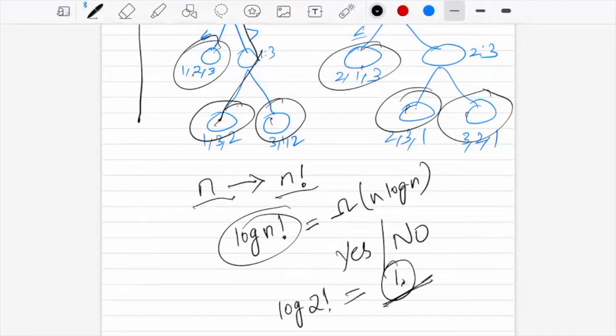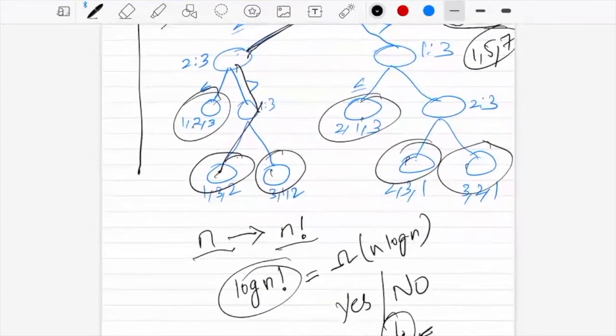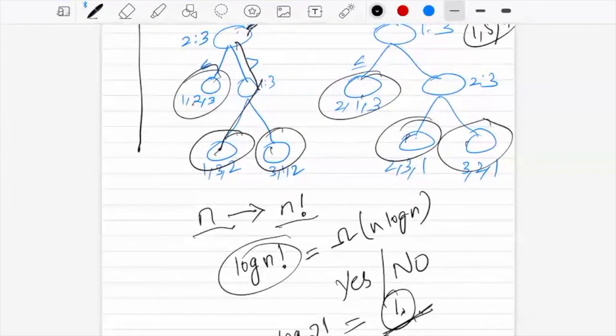So we have only one method to prove this element distinctness problem, which is not true. So let's try using an effective way.